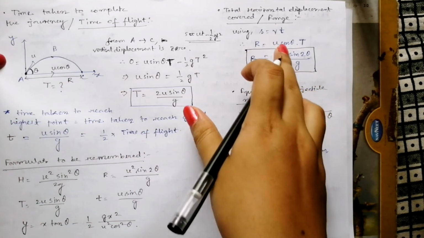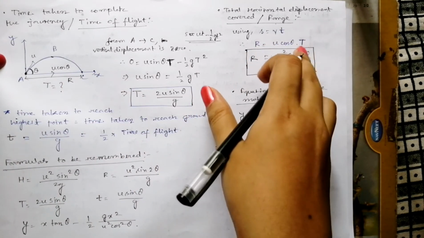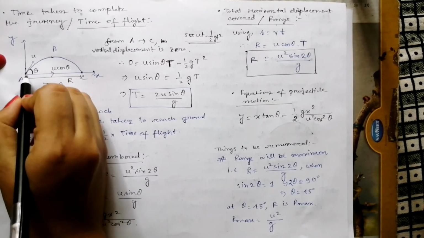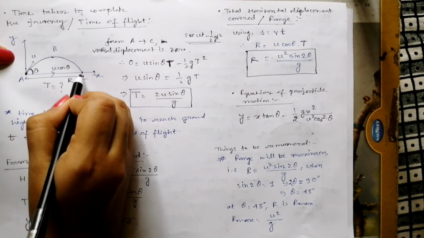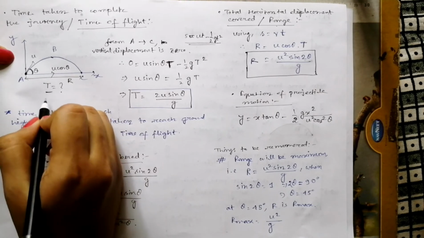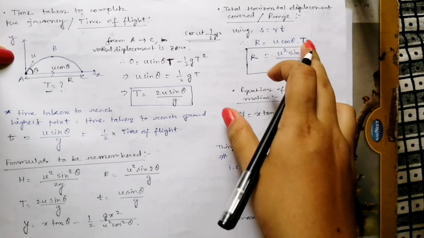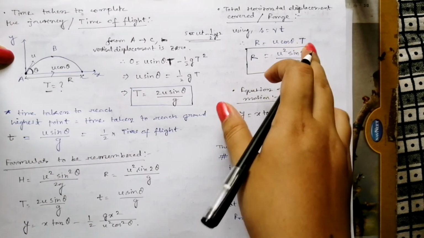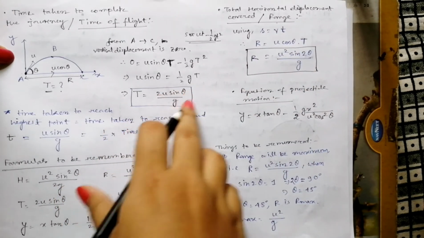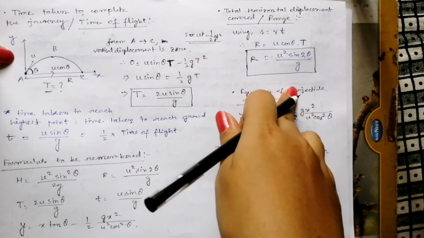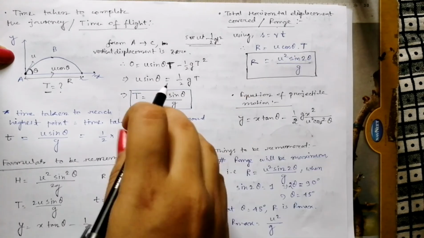So in place of v I have used u cos theta. And what is the time? The particle moves from this point to this point, and to move this entire journey it has taken time t. So I have used u cos theta into t. Now very simple, put the value of t, that is 2u sin theta by g, and you will get r equal to u square sin 2 theta by g.